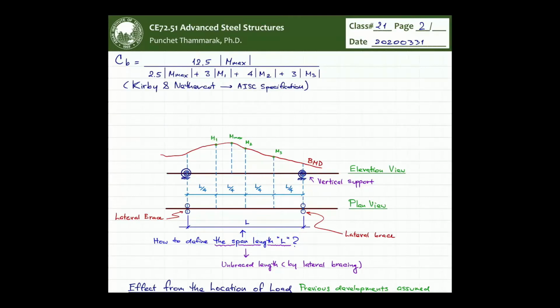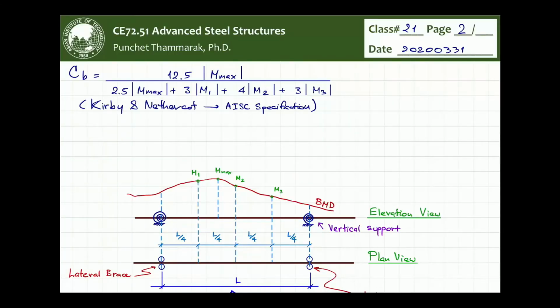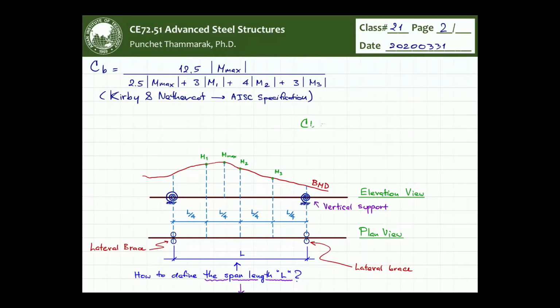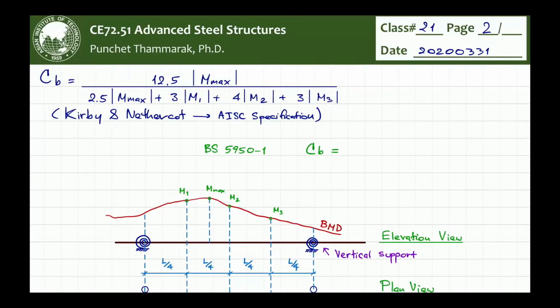If we consider the BS code, BS 5950, the CB is given by the absolute value of M max divided by 0.2 M max... Wait, one second.